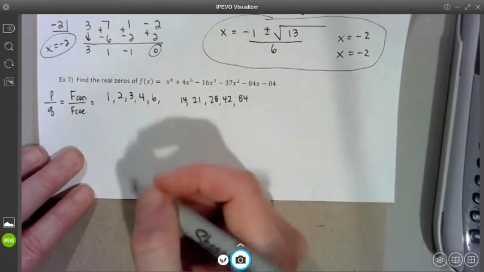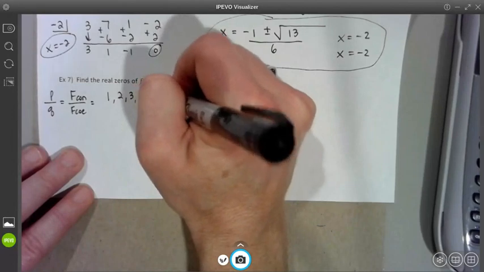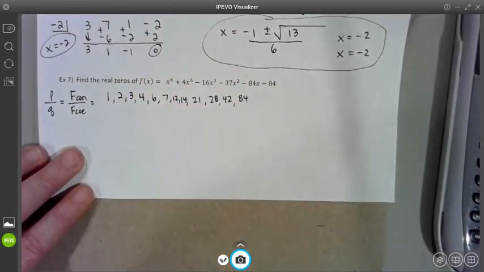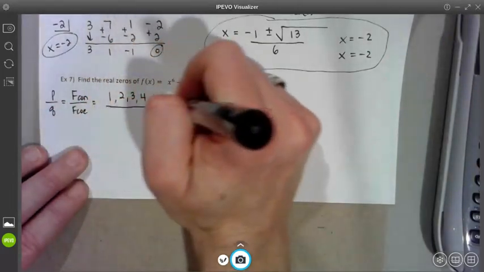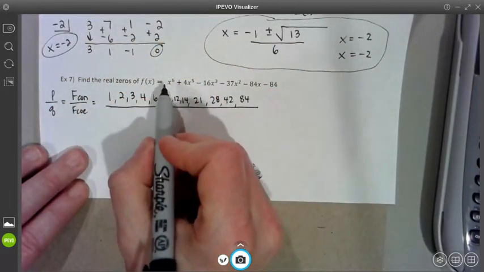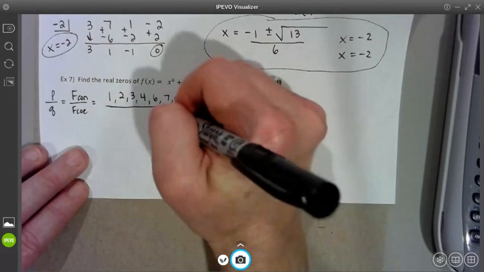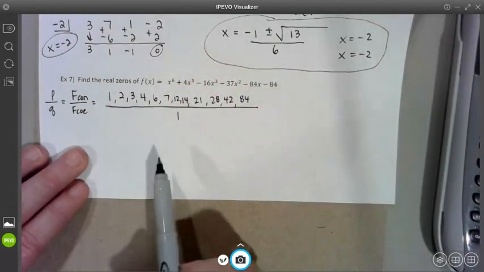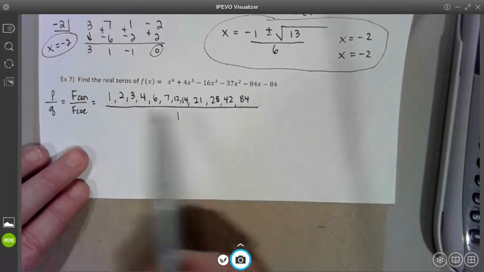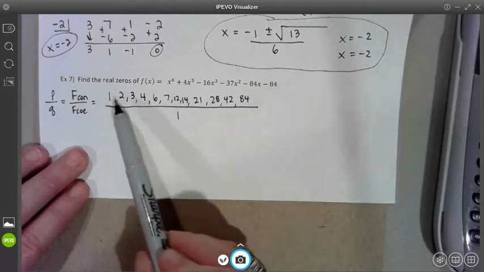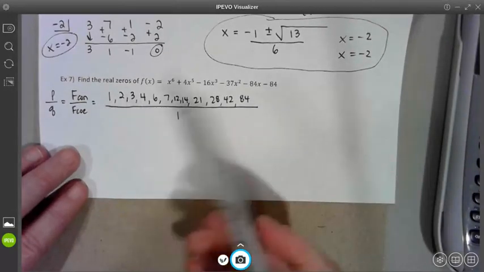And then 7 and 12, and I believe those are our last factors. So those are factors of 84 over factors of the leading coefficient, which thank God is 1, and the factors are 1 and 1, but we don't list repeats, so it's 1. So technically, all the potential zeros are positive, negative, all of these whole numbers over 1. So plus or minus 1, plus or minus 2, plus or minus 3, plus or minus 4, and so on.